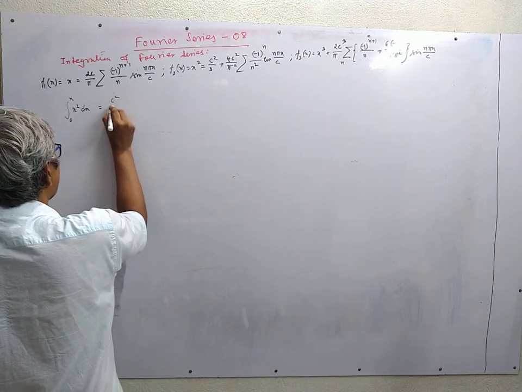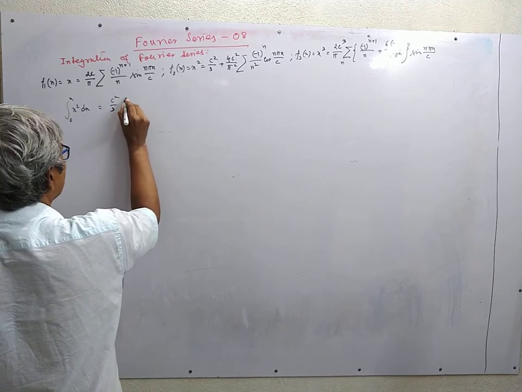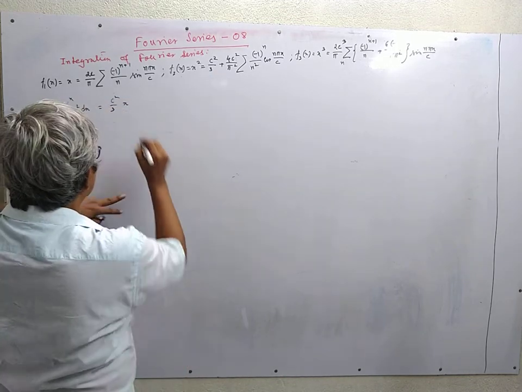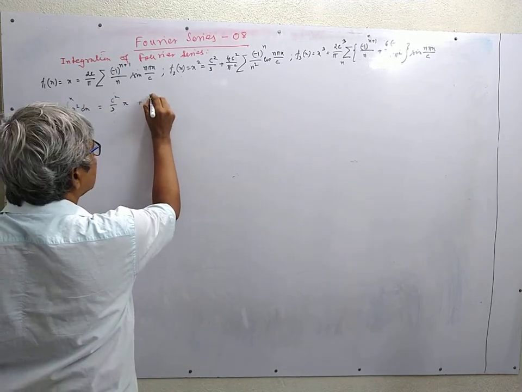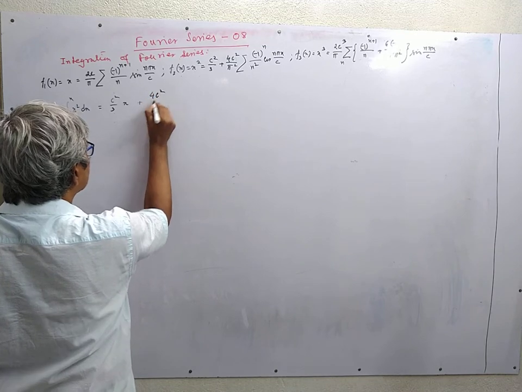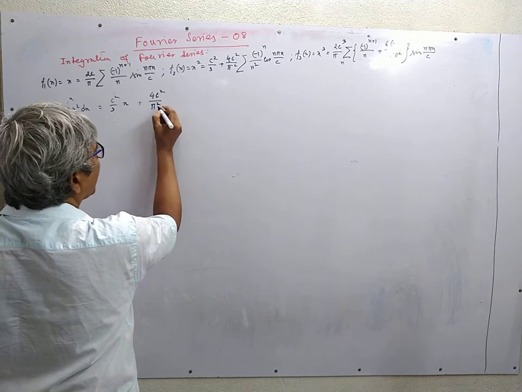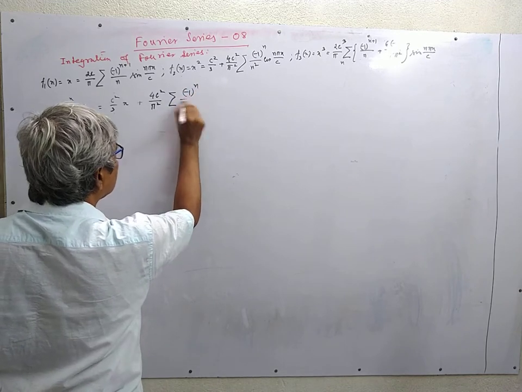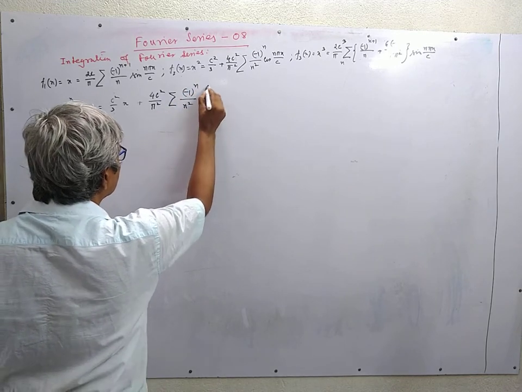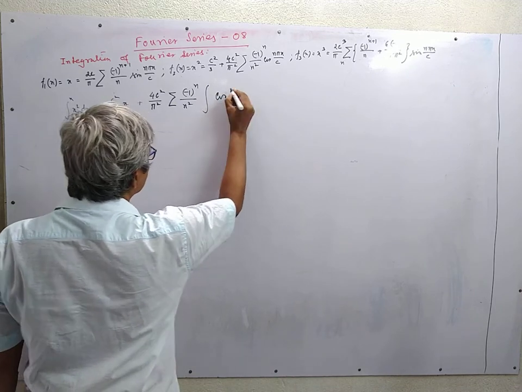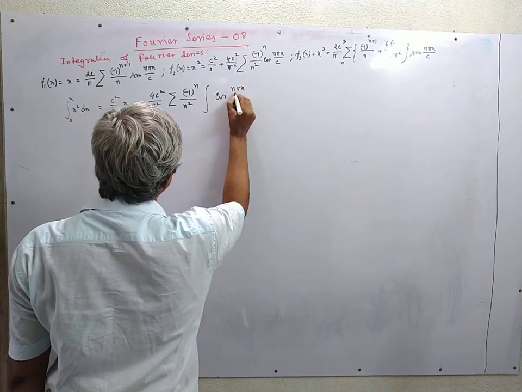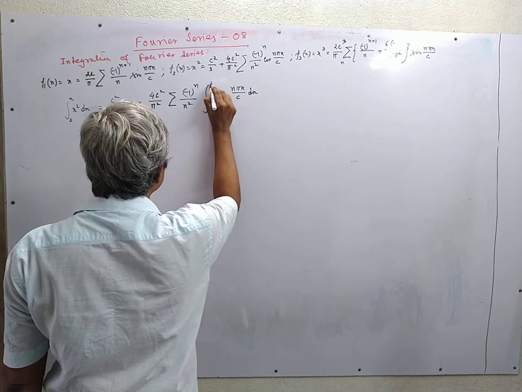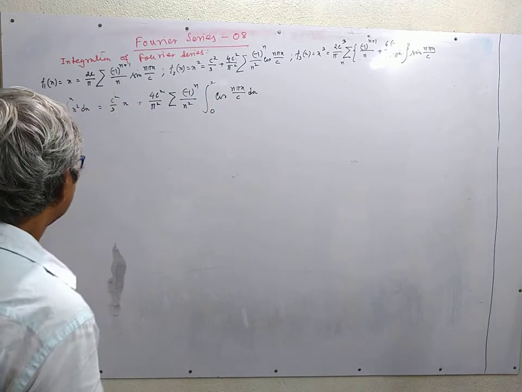So this is c square by 3 times integration of this x, plus 4c square by pi square, from zero to x.